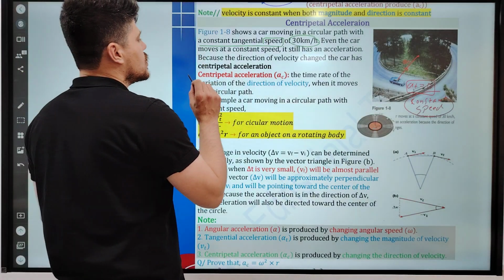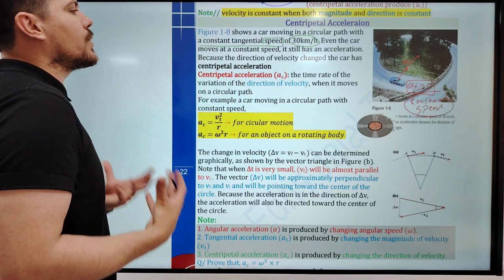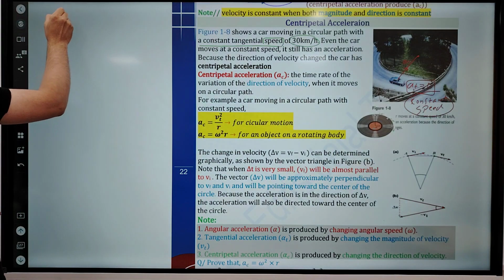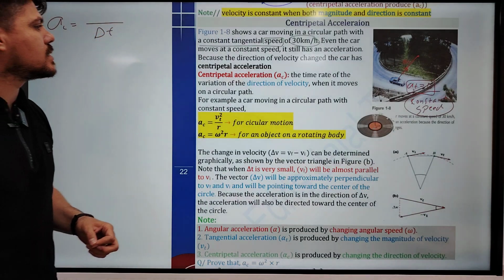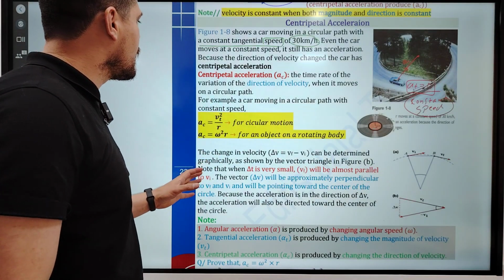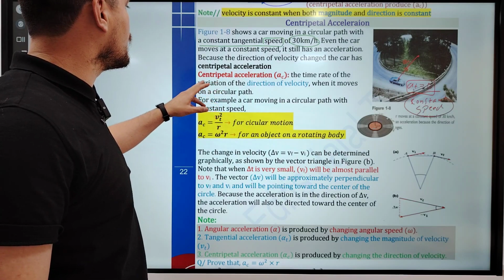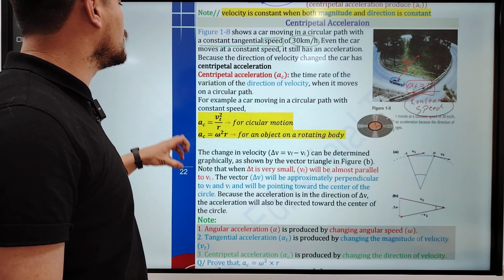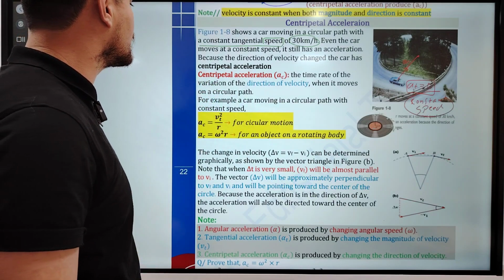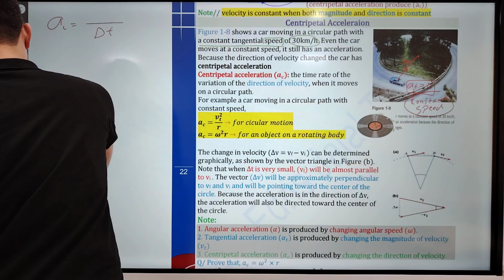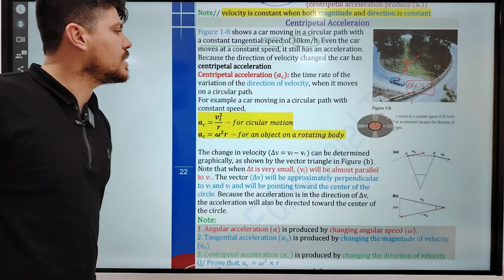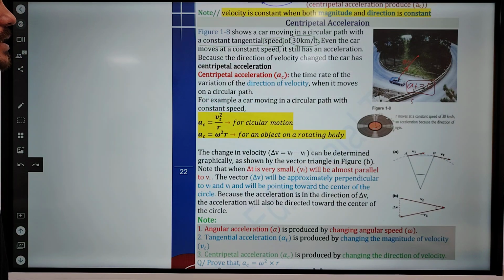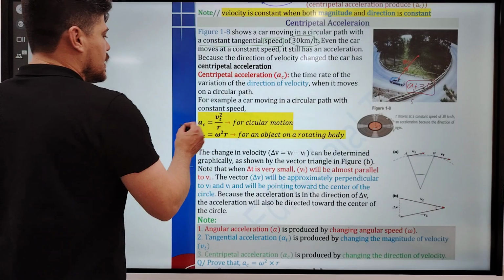Okay, what is the definition of centripetal acceleration? The time rate of what? Of the variation. So the time rate of variation of the direction of the velocity when it moves on a circular path. For example, a car moving in a circular path with a constant speed, so a_c is equal to what?